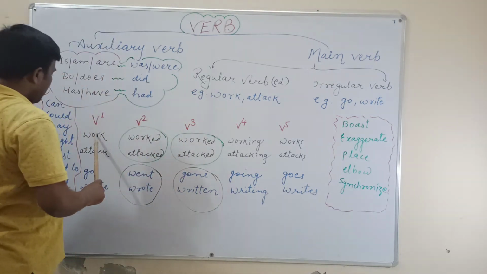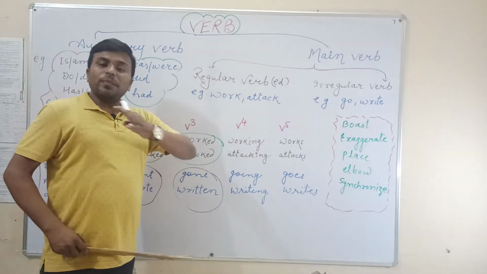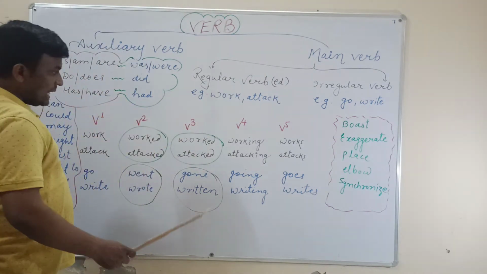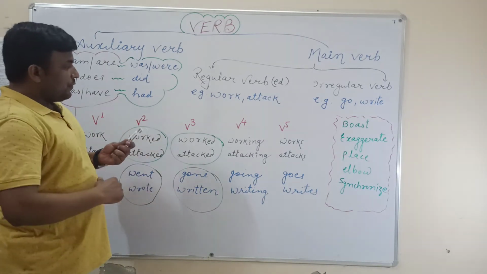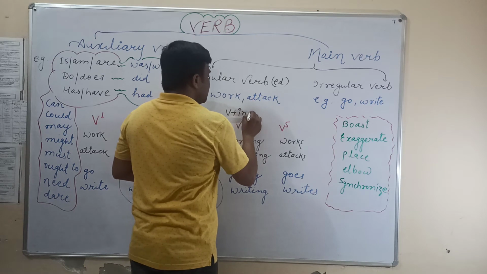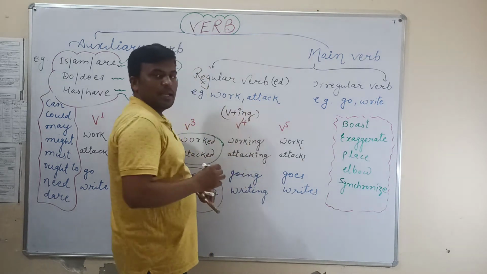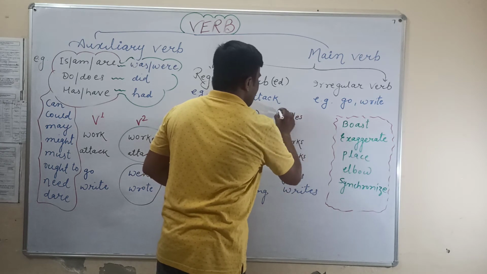Only first form, if you remember, if you know, you will be able to frame second, third form on your own. Like now talk of V4 and V5. What is this actually? V4 actually is verb plus ing, and V5 stands for verb plus s or es.